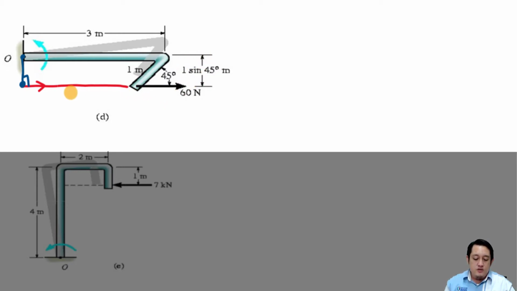So, our assumption here mentioned counterclockwise. Previously we've done clockwise, but this one here is counterclockwise. So they want to assume counterclockwise to be positive. So moment at O here is equal to, this 60 Newton here, if we rotate it, it will rotate like this.